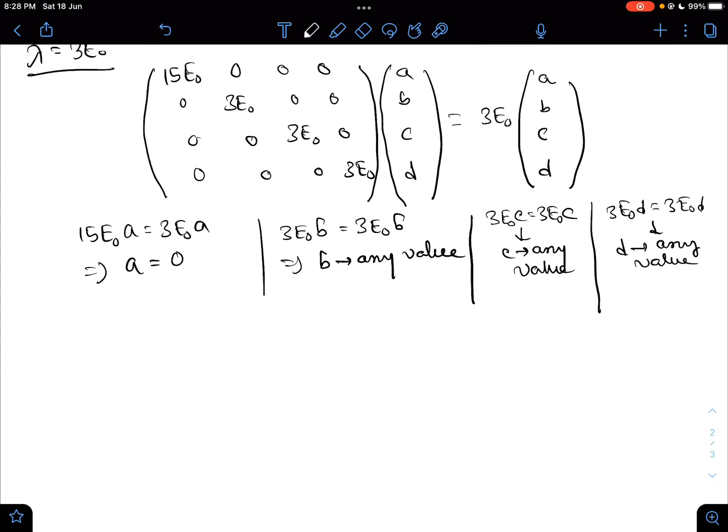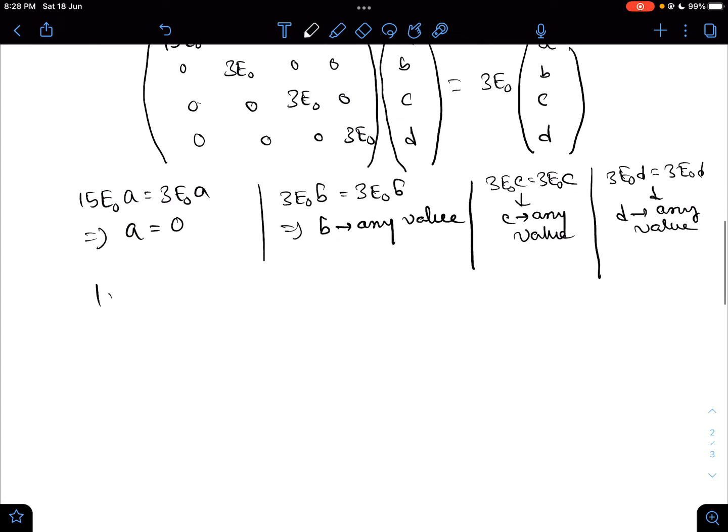We also have to ensure that the norm is 1. What are the simple values we can take?